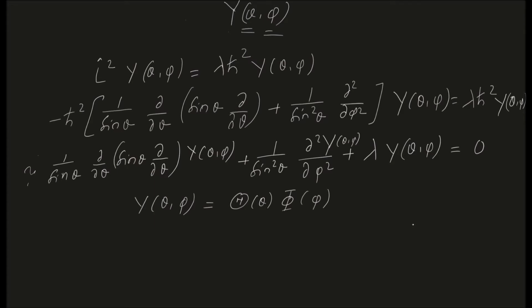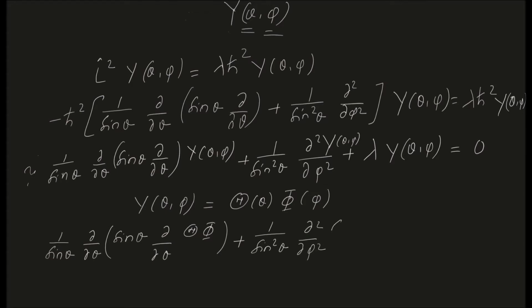So if you make this substitution here, you can write this expression as 1 by sin theta dou by dou theta sin theta dou by dou theta of capital Theta capital Phi plus 1 by sin square theta dou square by dou phi square of capital Theta capital Phi plus lambda capital Theta capital Phi is equal to 0.